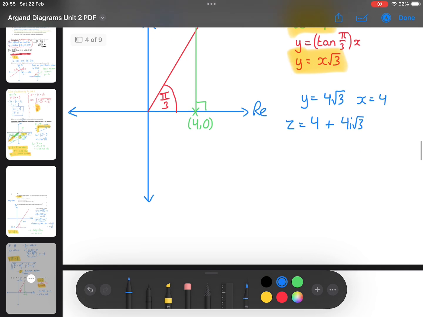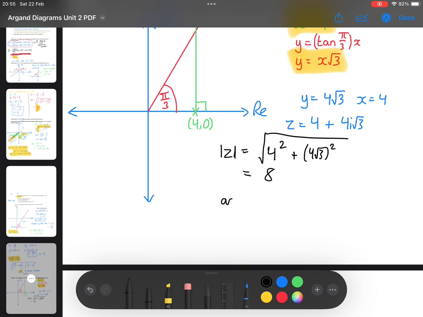And to convert that into modulus argument form, which is quite a standard process by now, the modulus of z is going to be the square root of 4 squared plus (4 root 3) squared, which gives 8.